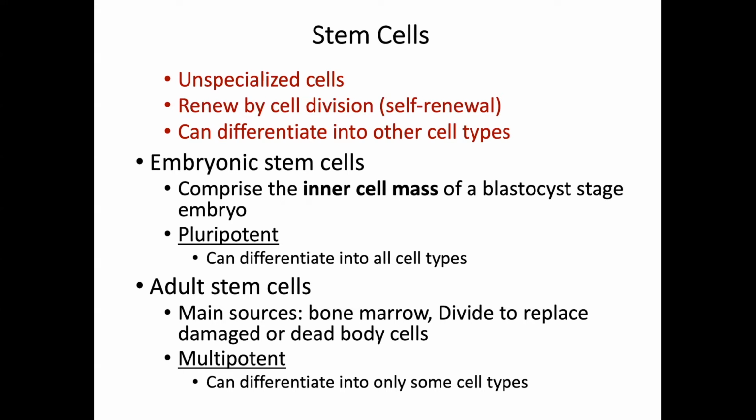In addition to ES cells, stem cells can also be found in adults' body. And we call these cells adult stem cells or somatic stem cells. For example, hematopoietic stem cells in the bone marrow and umbilical cord blood can differentiate into all blood cells.